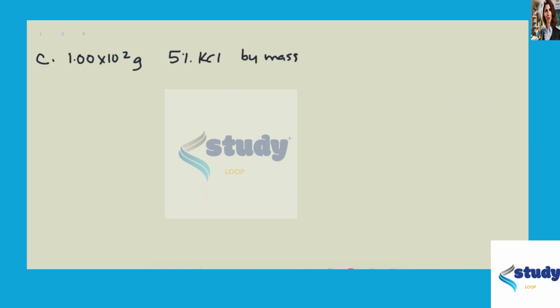Somewhat simpler is this percentage by mass idea of concentration. What this means is that this is the number of grams of solute per 100 grams of solution.